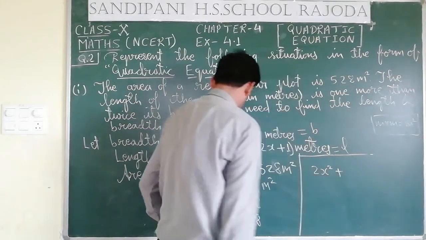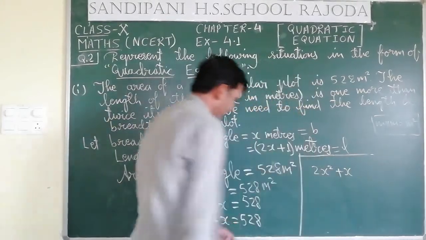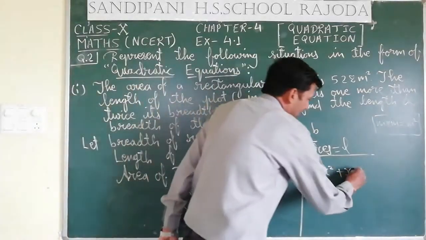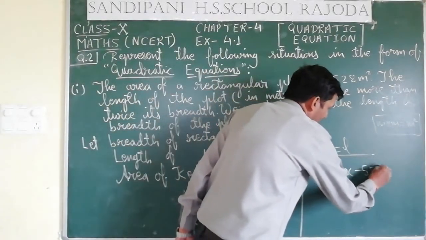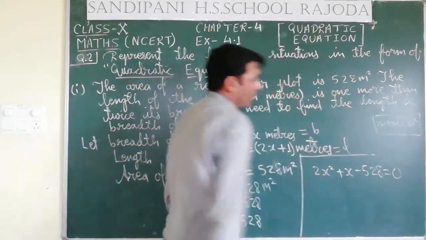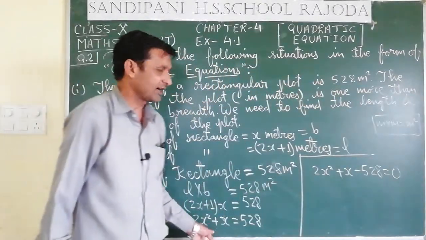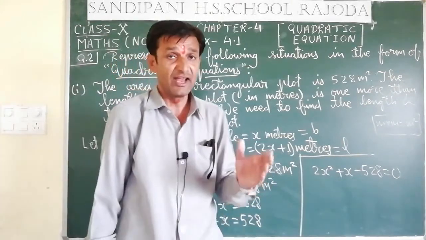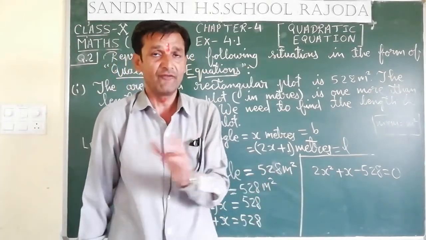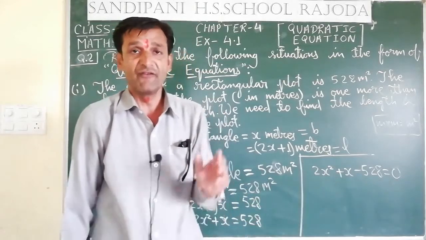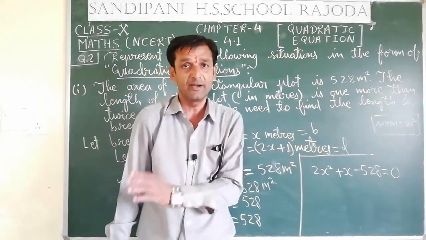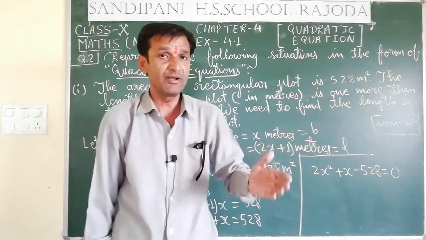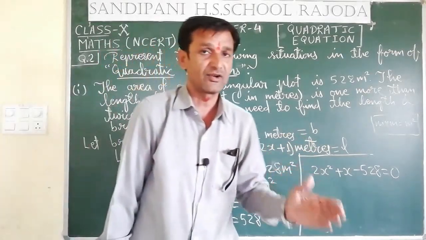plus x. If 528 is transposed from RHS to LHS, it will become negative, because in RHS it is positive. Always remember this thing, that if you are transposing any term from LHS to RHS or from RHS to LHS, if it is positive it will become negative, if it is negative then it will become positive, if it is in multiplication then it will become in division, if it is in division then it will be written in the multiplication form.